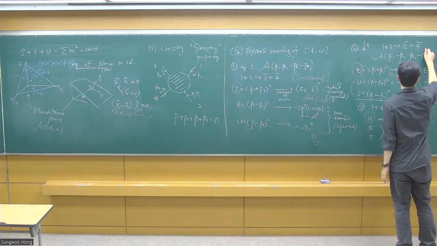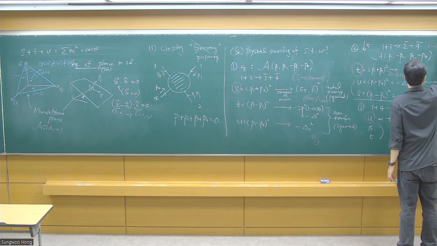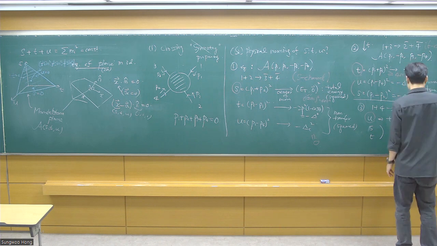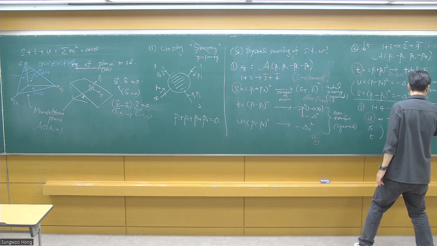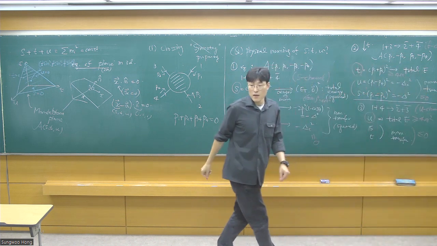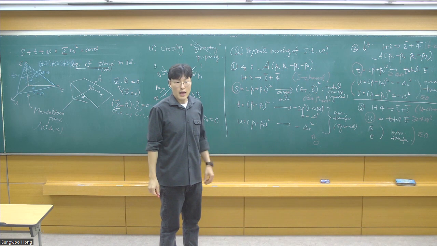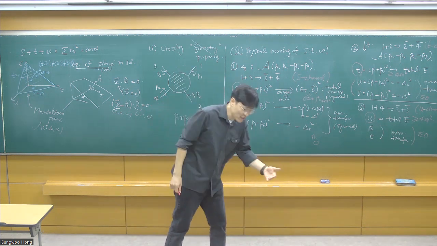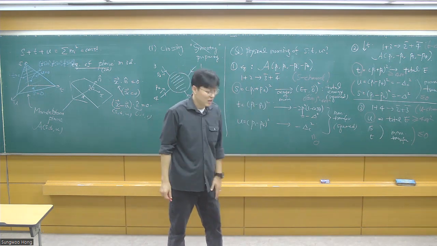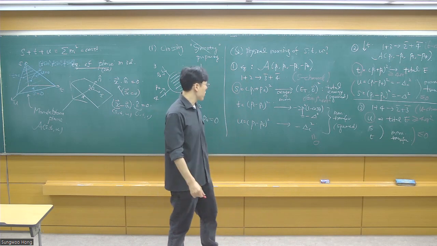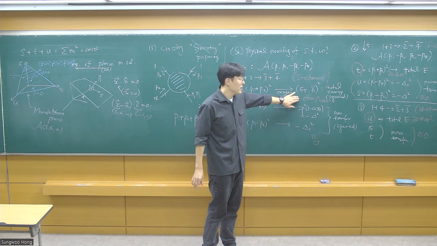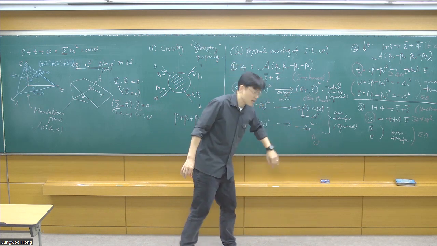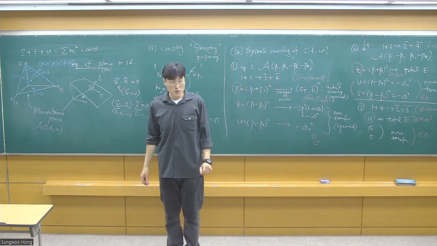Here, obviously, it makes sense to call it the T channel. And finally, here it makes sense to call it the U channel. Whenever you look at the STU channel, that special variable is always equal to or greater than 4m squared. Again, I'm talking about the equal mass case. The other two are necessarily less than or equal to 0.